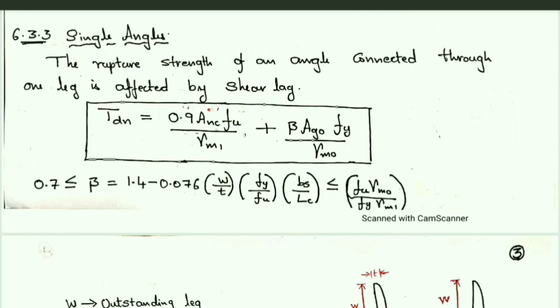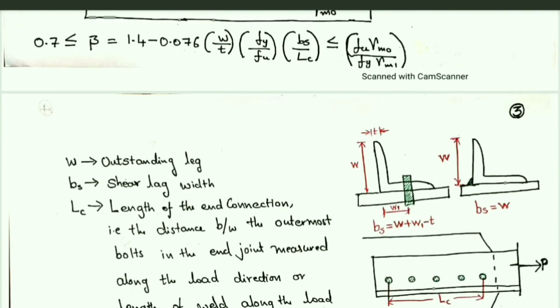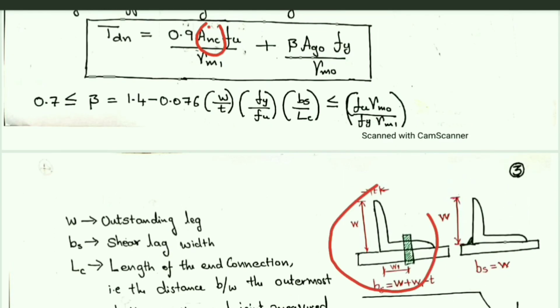Okay, here Anc is the net area of the connected leg, as you see in this figure, and Ago represents the area of the outstanding leg.